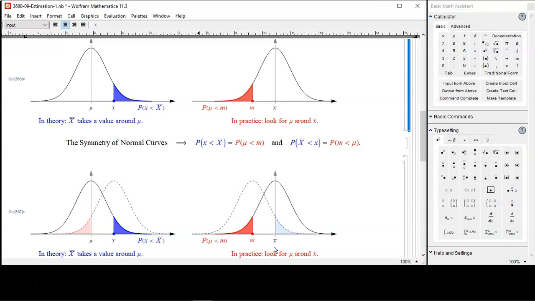And then, are they really the same? Yes, because of the symmetry. Let me show you. Let's get the graphics. Okay, here we go. This part here is the same as this right-hand side part because of the symmetry of the normal curve. Make sense? That's coming from the symmetry.